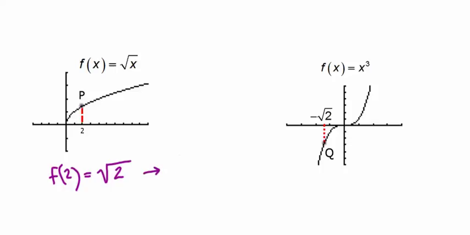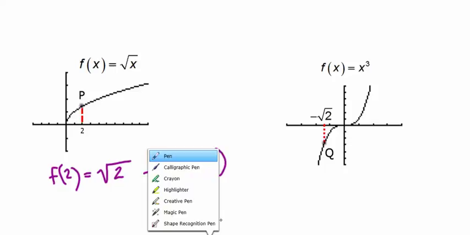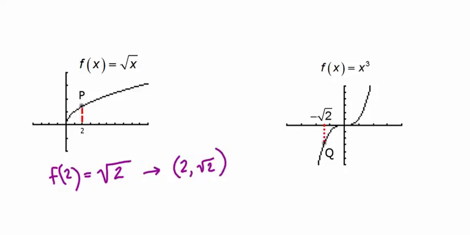Our ordered pair would have an input of 2 and an output of the square root of 2. This square root of 2 is our exact value for the function when you put a 2 in for x.